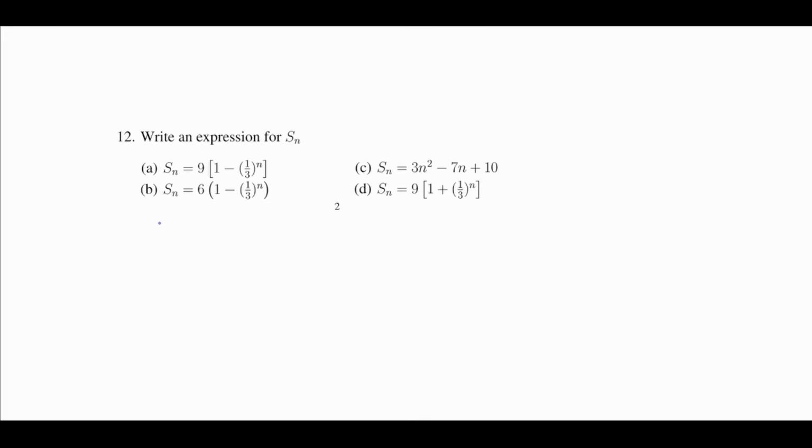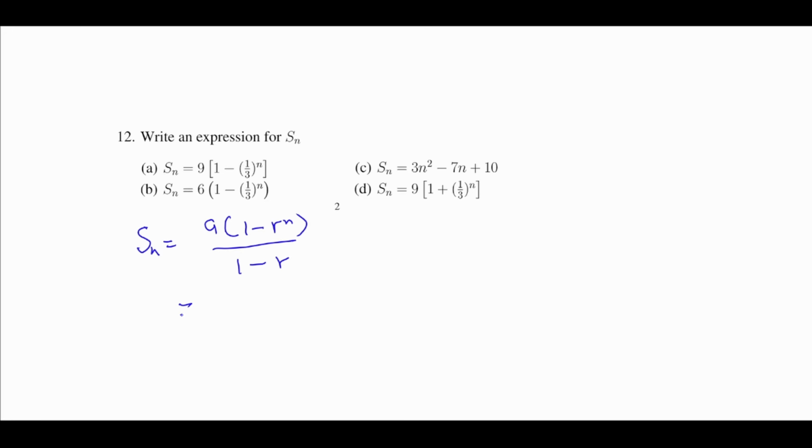Now we know that our r is less than 1. So when we want to find the partial sum for the geometric sequence, it is Sn equal to a bracket open 1 minus r to the n, all over 1 minus r. So in that case, our a is 6.